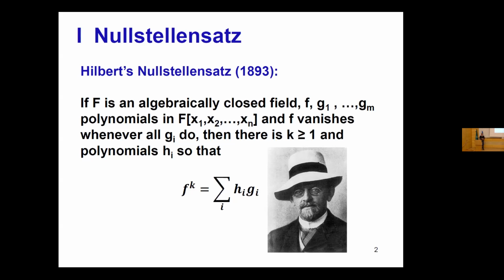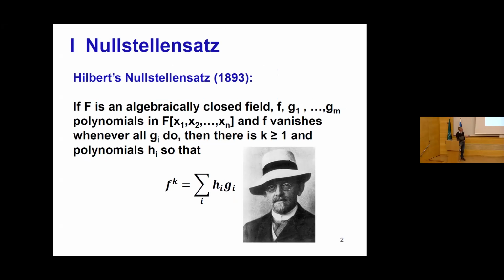Now I want to look at a special case where the gi's are actually univariate polynomials, m equals n, gi is a polynomial only in xi, and it has all its roots in the field.